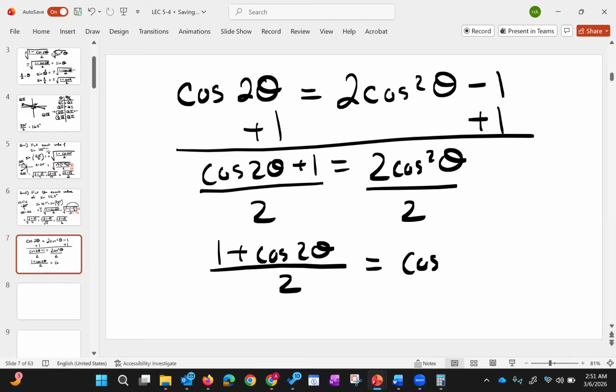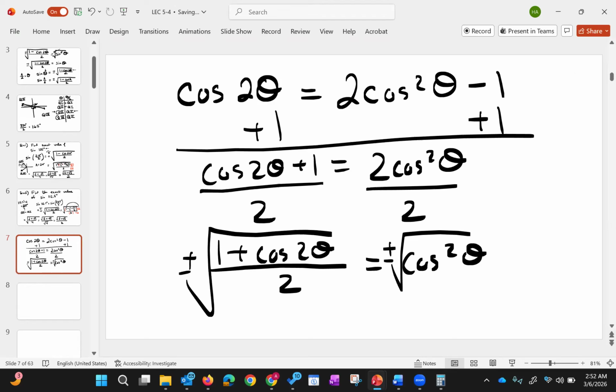And we also have to take the square root. Remember, if we're the ones taking the square root, you have to put a plus or minus on both sides. But the whole point of doing this is for this and this to cancel. So let you guys copy it down.